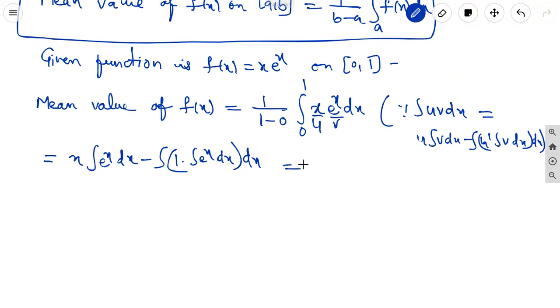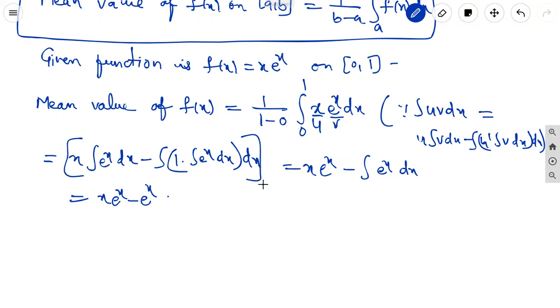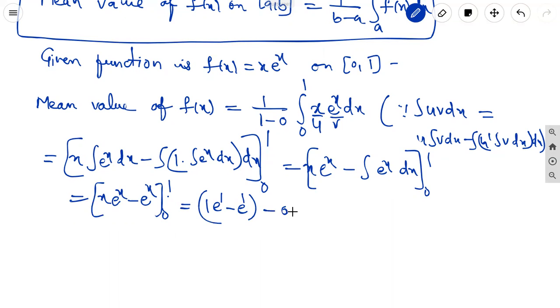It is equal to x e power x integration is e power x, minus integral e power x dx, that is equal to x e power x minus e power x, and the limits are 0 to 1. It is equal to 1 e power 1 minus e power 1, upper limit, minus 0 e power 0 minus e power 0.